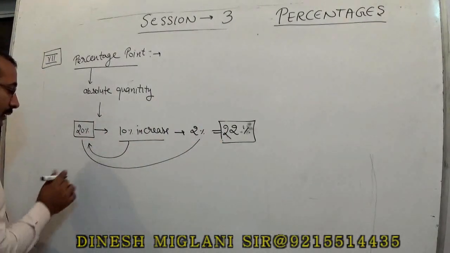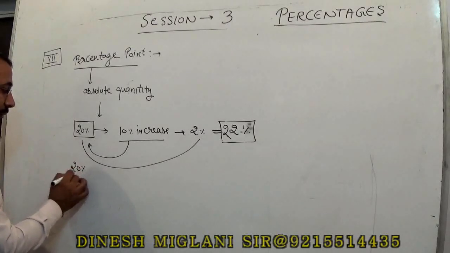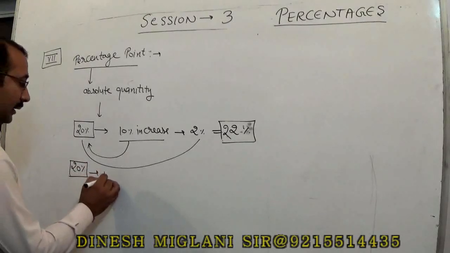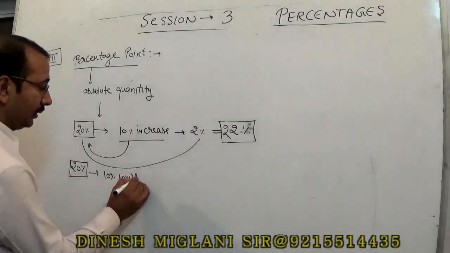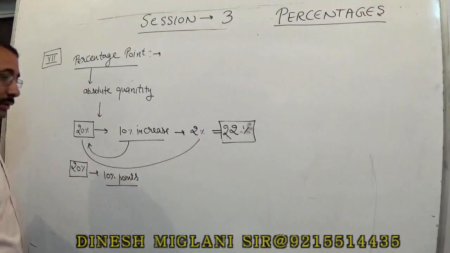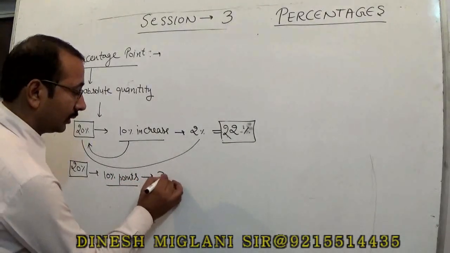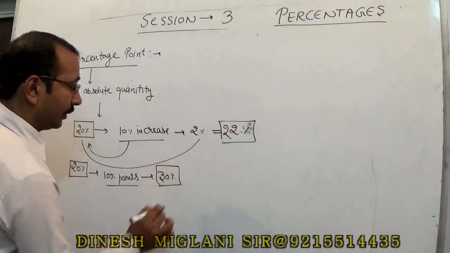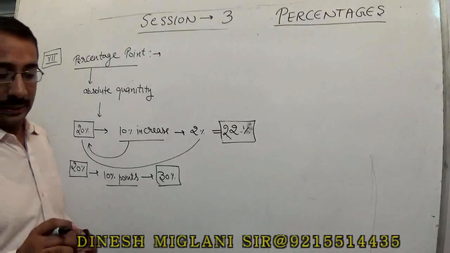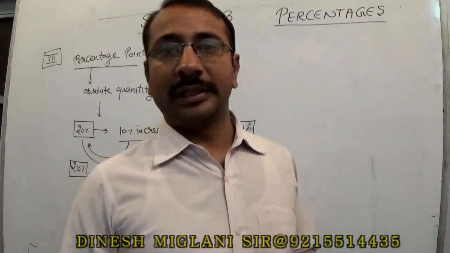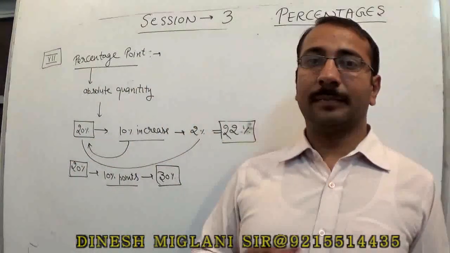But on the other hand, if it is given that the number is 20% and it is increased by 10 percentage points, then it becomes equal to 30%. Why? Because percentage point is an absolute quantity. In any question where percentage point increase is stated, make it plus.